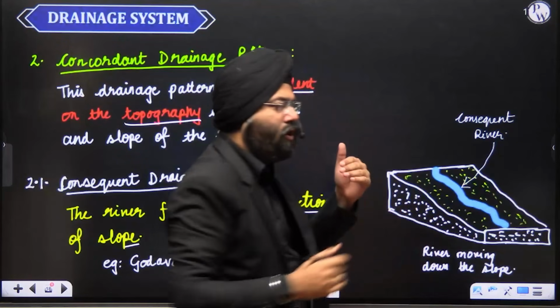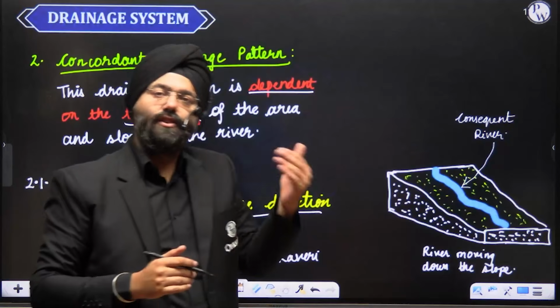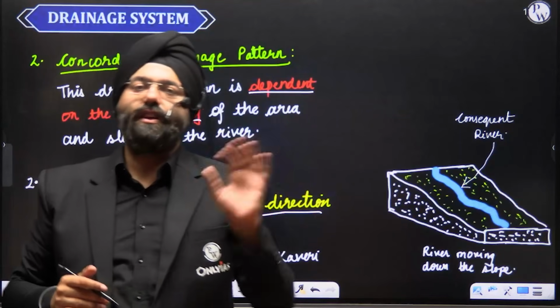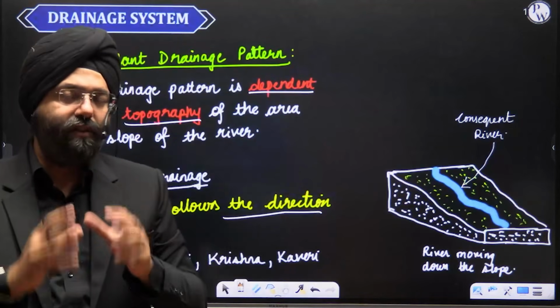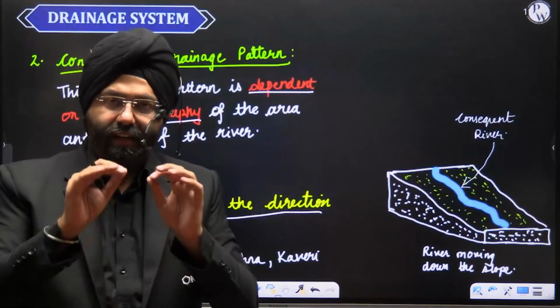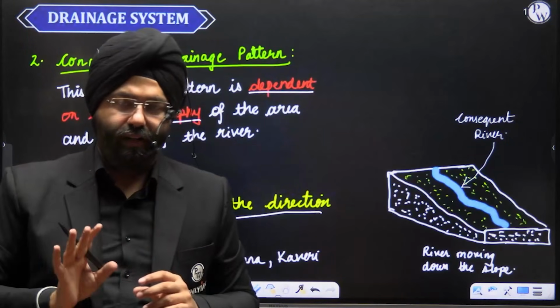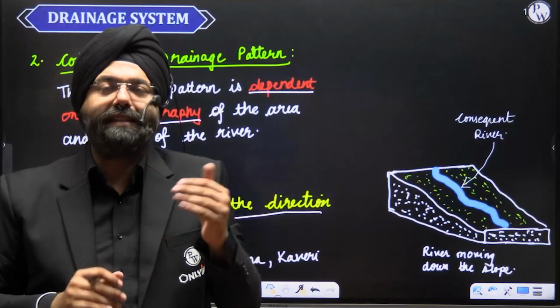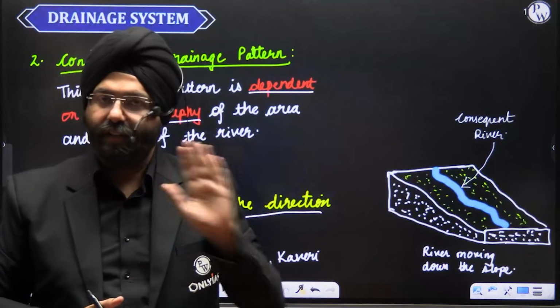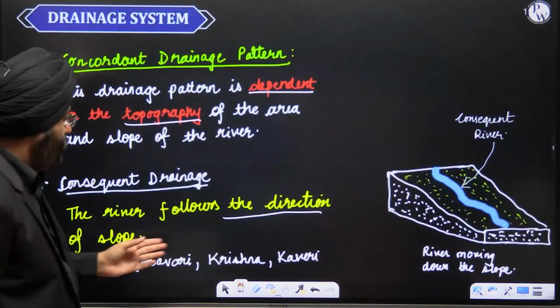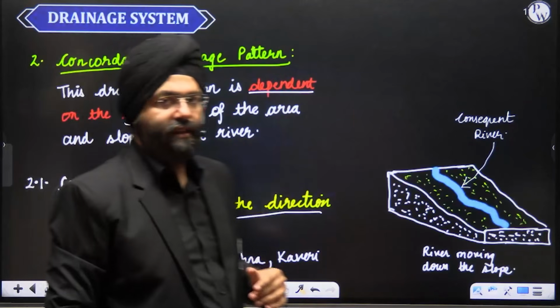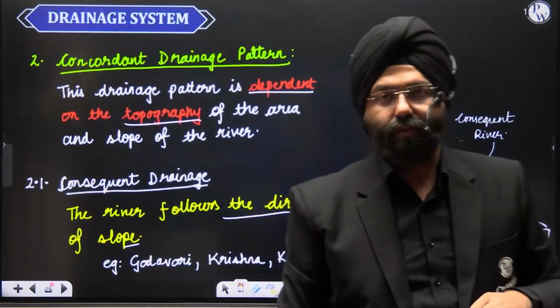That means it is following the slope. This is known as what? A consequent river. Again, you can classify rivers into various categories, but if you want to label a river, if it is following the slope, it will be consequent in nature. That is simple. You can call these consequent rivers. Clear? Like Godavari, Krishna and Kaveri. These are what? Consequent rivers, you can say, right?